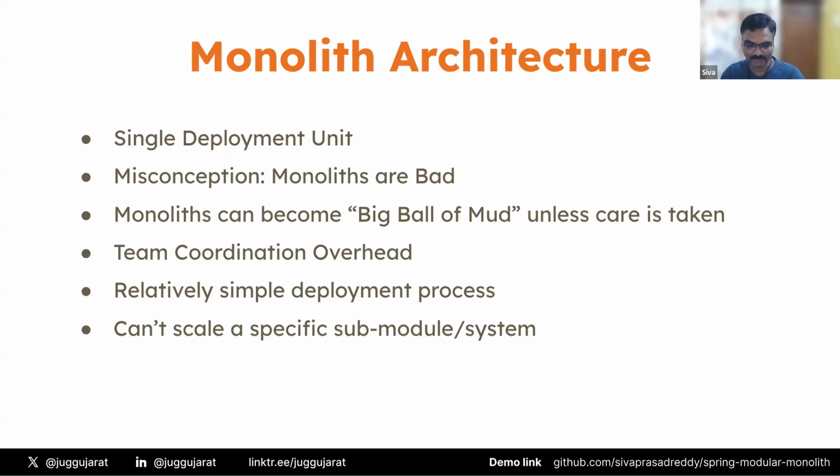So in that case, maybe we think, how about running 20 instances of the catalog module? Then maybe the order module can be run in 5 instances. But in a monolithic application, you cannot do that because it's a single deployable. So these are the common problems with monolithic architecture.